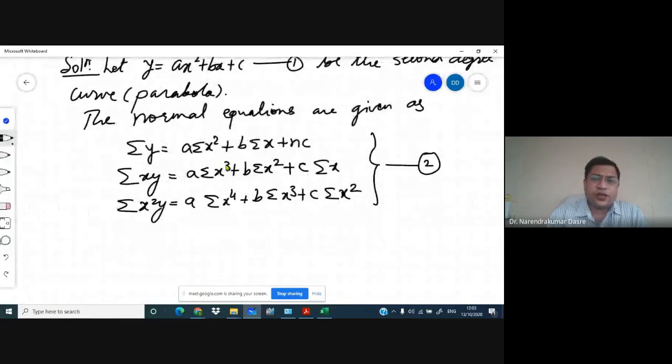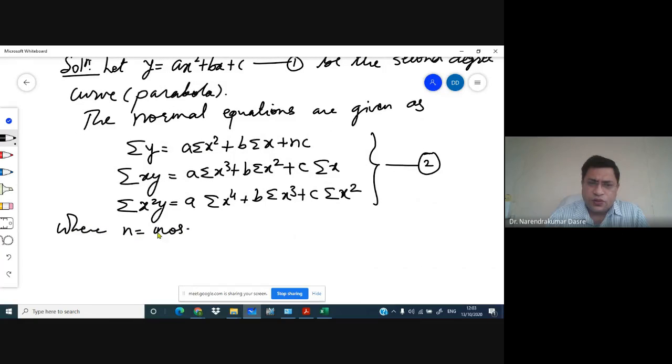Now here we need to check the value of n, where n is equal to the number of observations. What is the value of n we have?